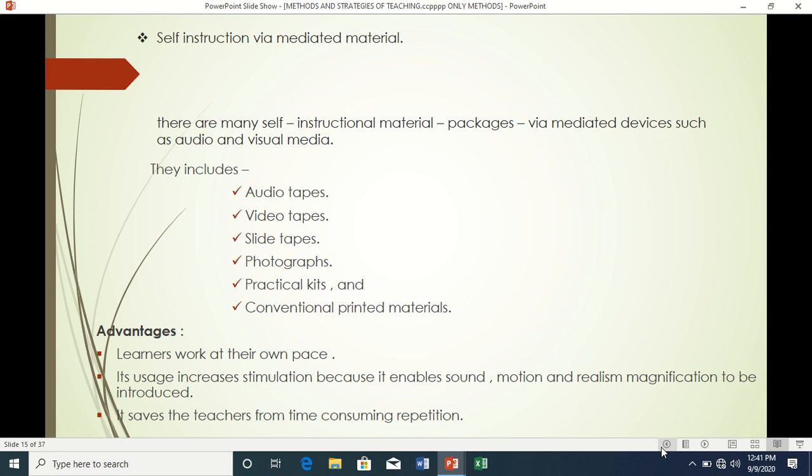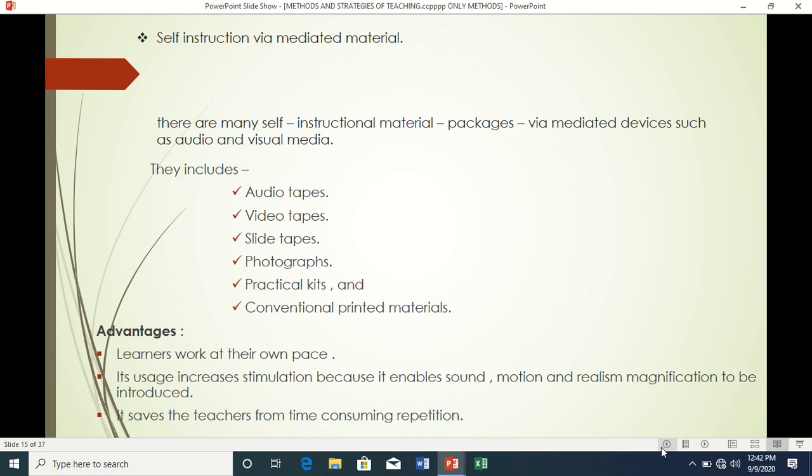Now we know an audio tape, specially prepared, the learner downloads or takes this material and listens to what this audio is intended to do. Similarly, the video tapes, which have the ear and the sight together.